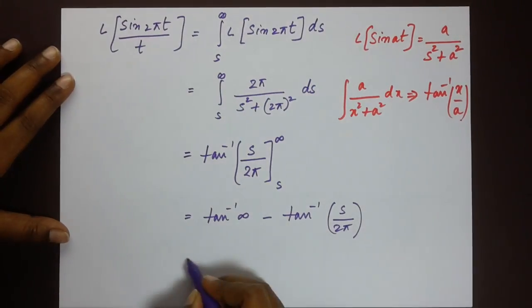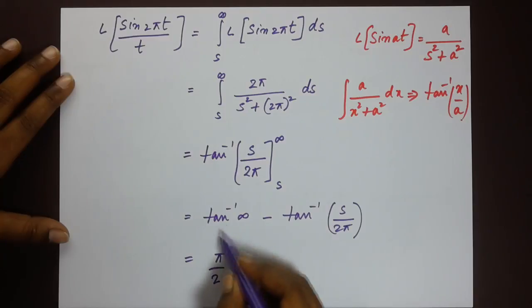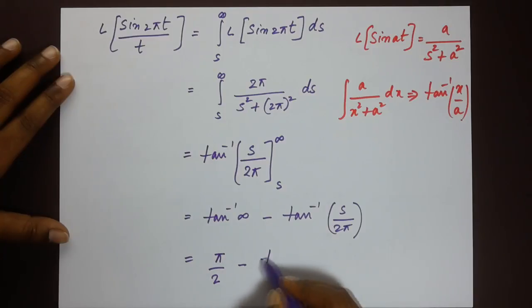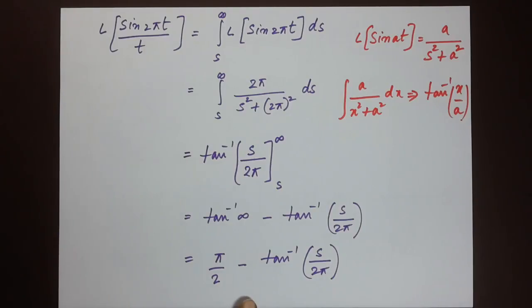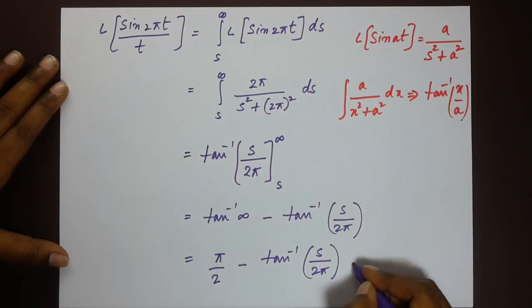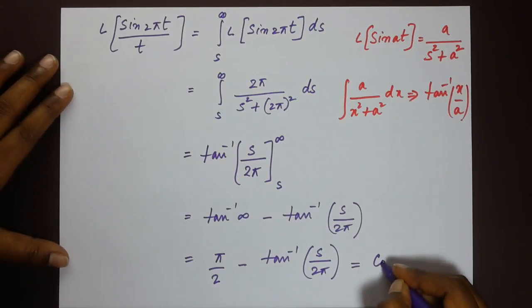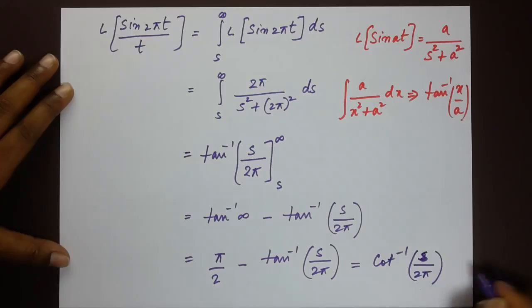If we solve this, we get pi by 2 for tan inverse of infinity, minus tan inverse of s by 2 pi. So 90 minus tan inverse theta is cot inverse theta. Please remember that. That would be cot inverse of s by 2 pi.